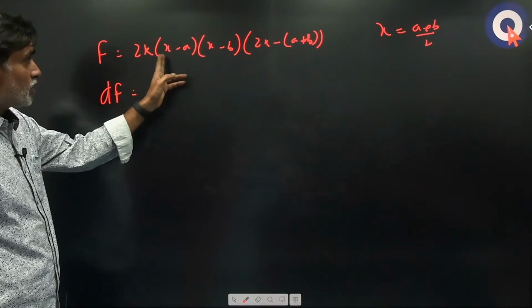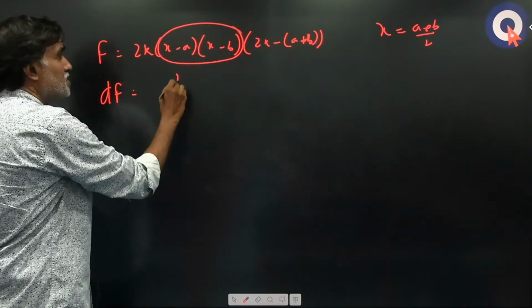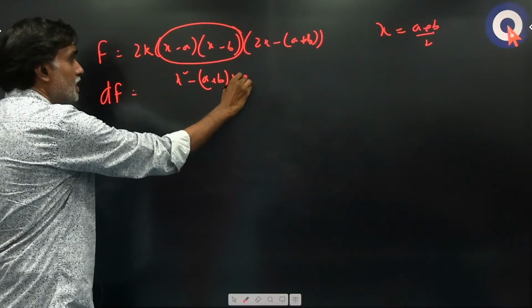If you want, you can multiply these two and differentiate also. If I multiply these two, what do you get? x square minus (a plus b) into x plus ab.